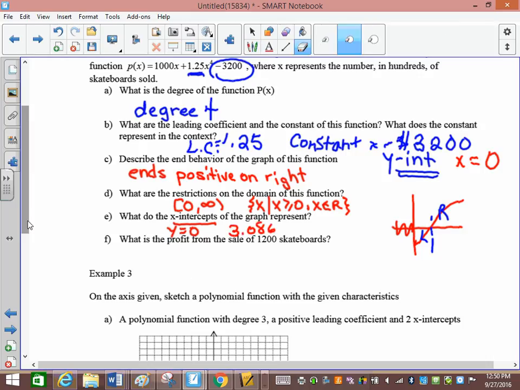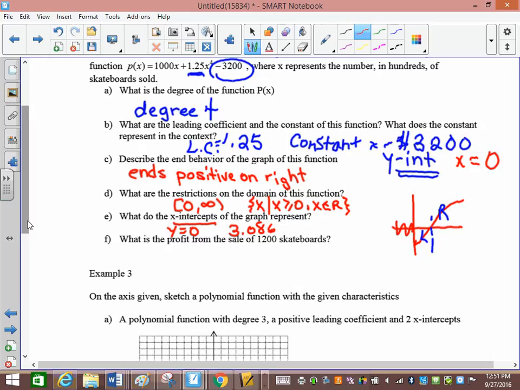So what does that mean? Think about it. On my x-axis, my y is what? My y is 0. That makes no money. What is this? 308 skateboards. Would 308 skateboards actually get me 0? 308 skateboards would make me a little bit less, right?